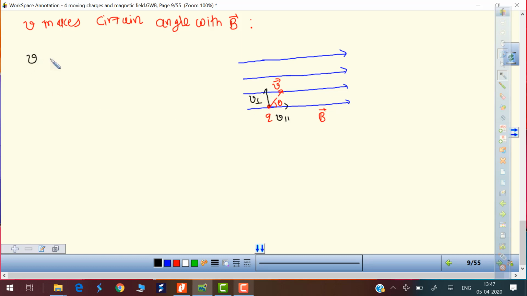So V has two components, V parallel and V perpendicular. This is V cos theta and this is V sin theta.